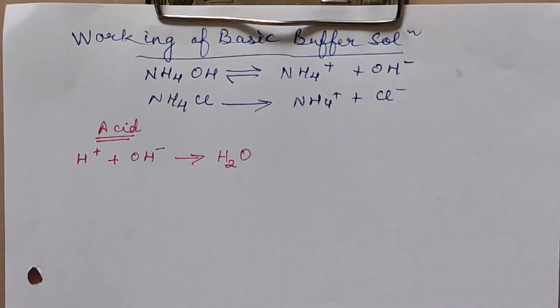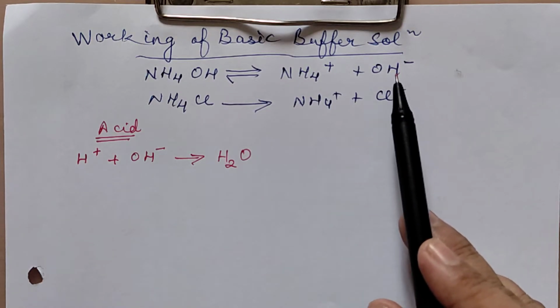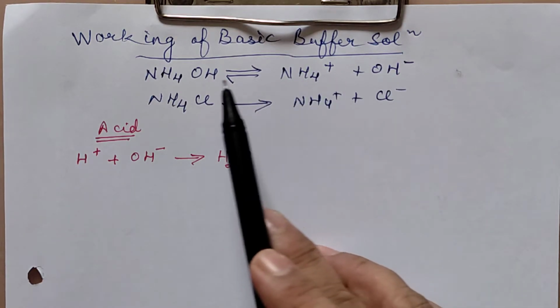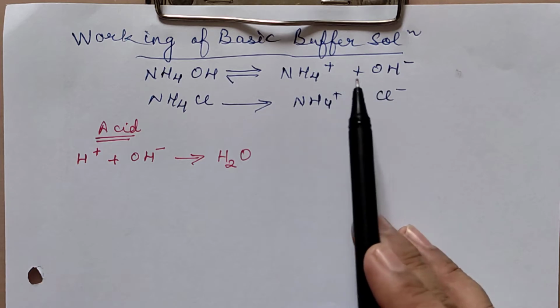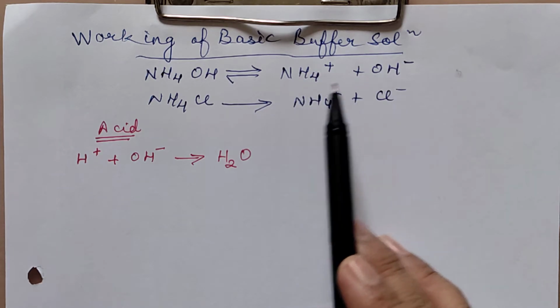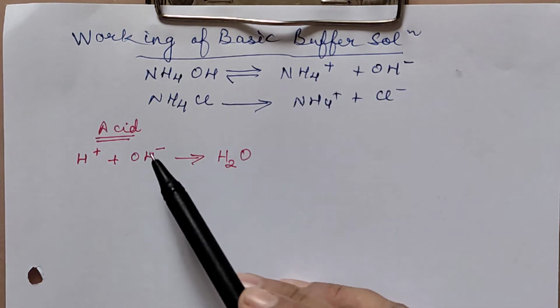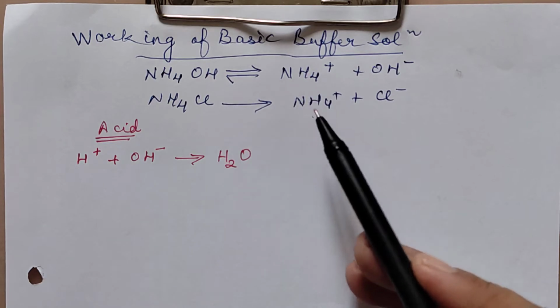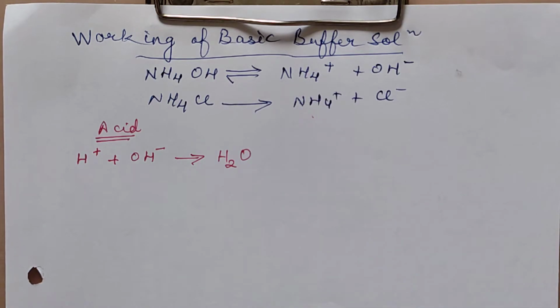Water is neutral, so the pH will not be affected. Moreover, as this product is removed, the equilibrium shifts towards the right hand side. The concentration of OH minus, even though it increases, will react with the H plus, and this also will not be affecting the pH because of the common ion effect.